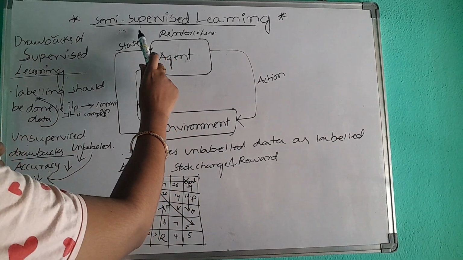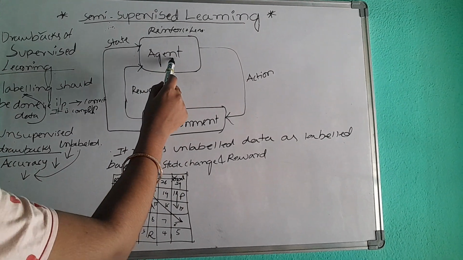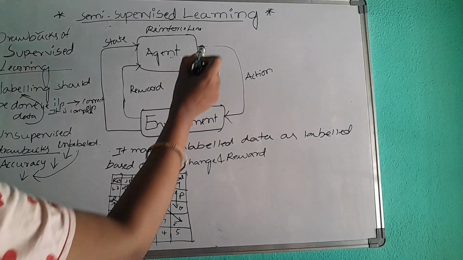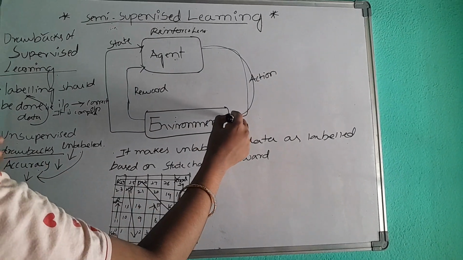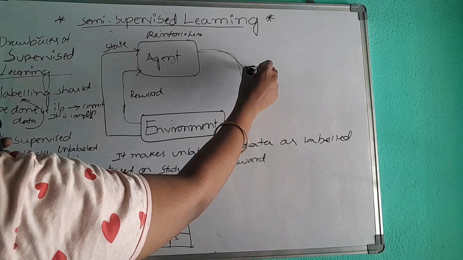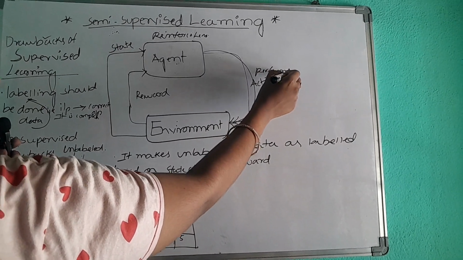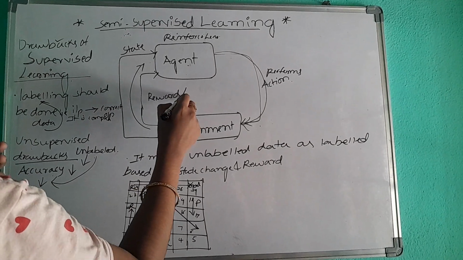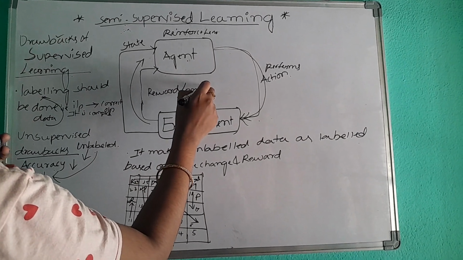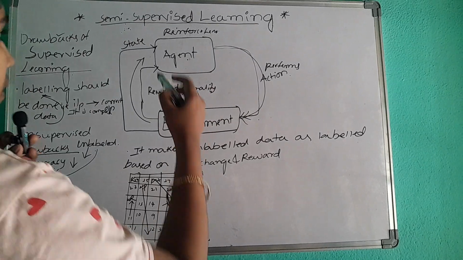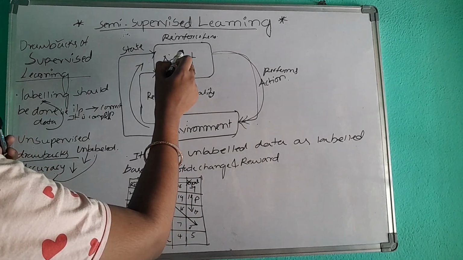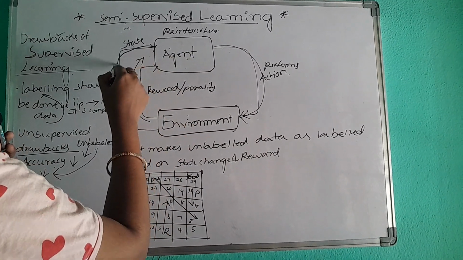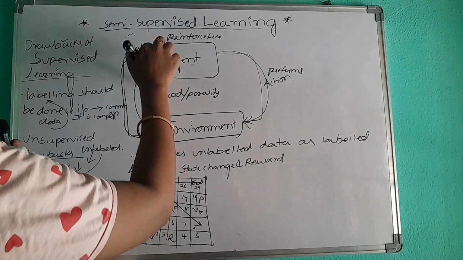In semi-supervised learning, there is an agent and an environment. When the agent interacts with the environment, it performs some action and gets some reward or penalty. And a state change occurs to the environment.